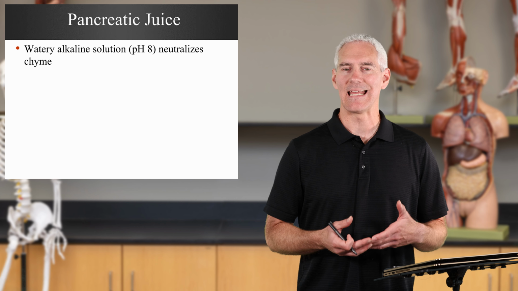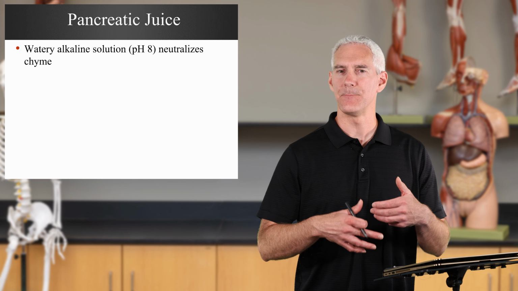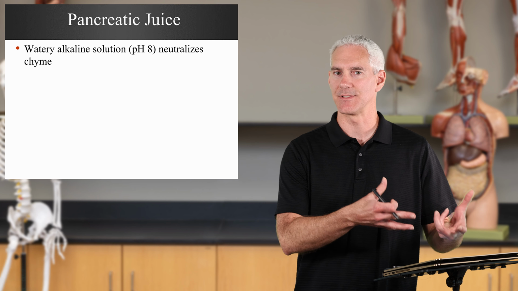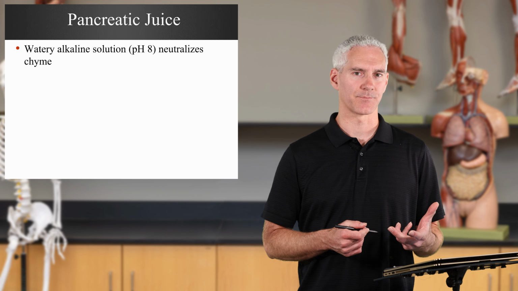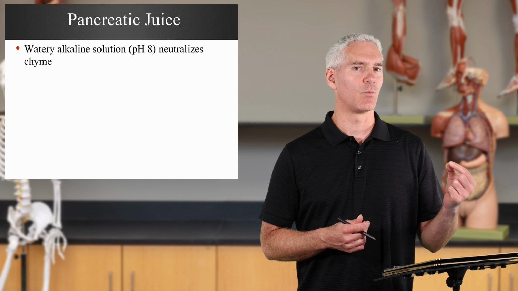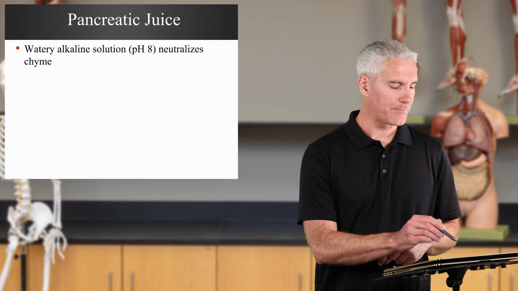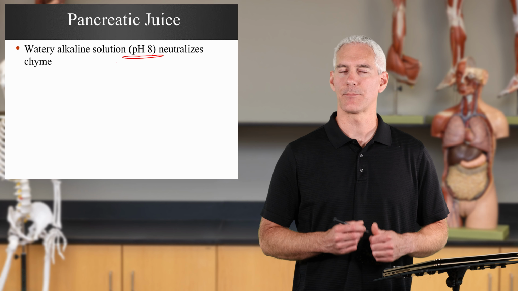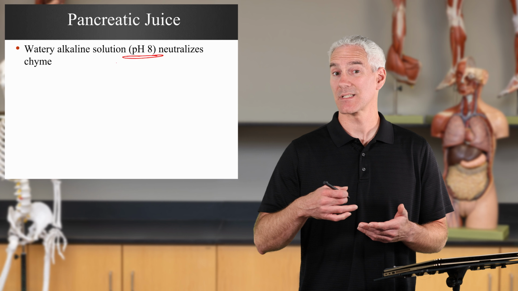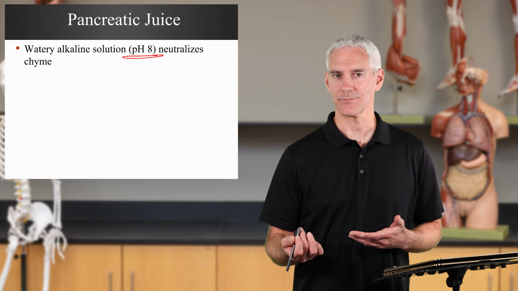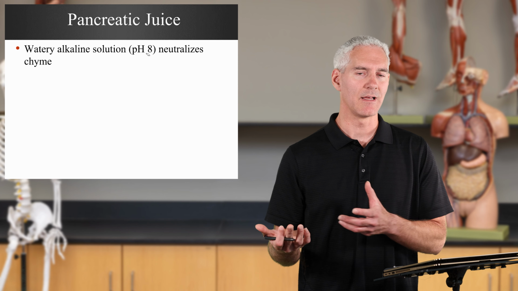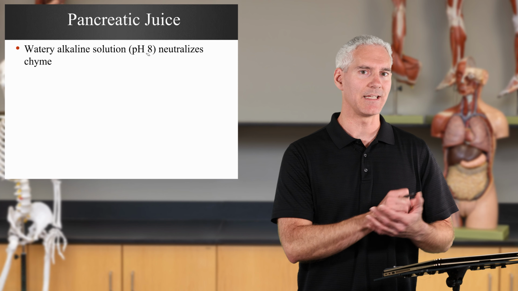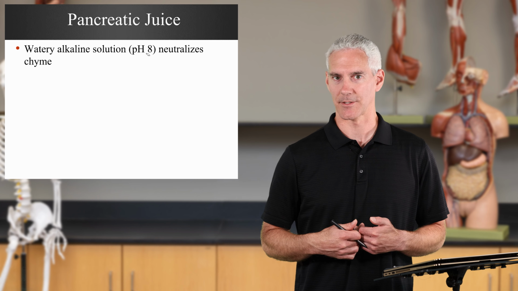So what is in this pancreatic juice, this mixture of solution that leaves the pancreas? Well, it's a pretty watery solution. But the key thing is, it's watery and it's alkaline. The pH is give or take about a pH of 8, so it's slightly basic. That's necessary because that basic nature helps to neutralize the acidity of the chyme that came from the stomach.